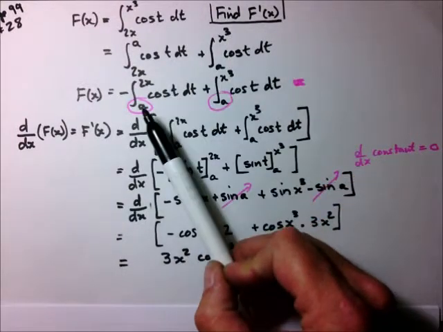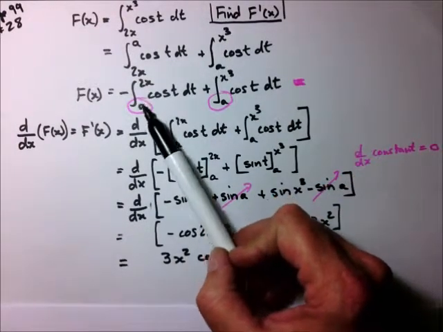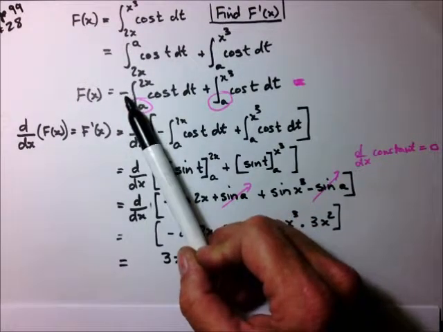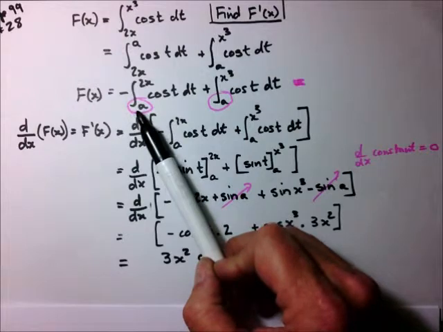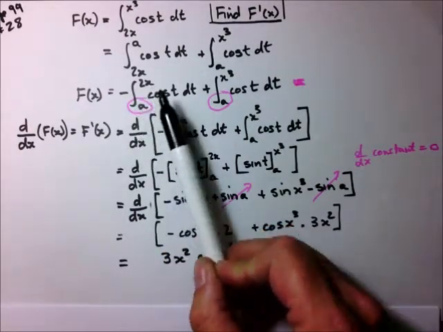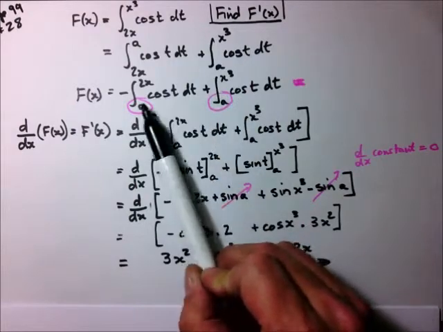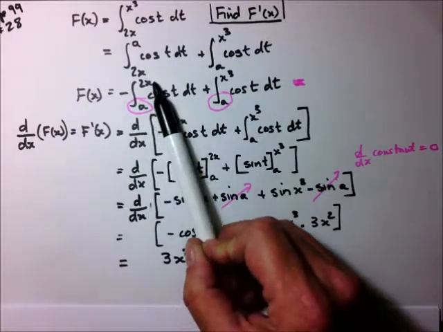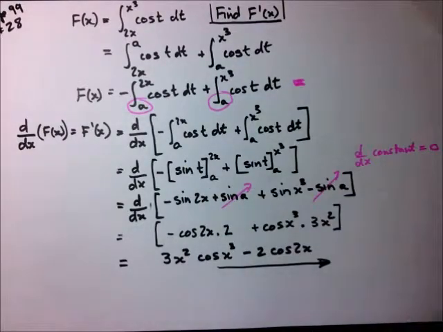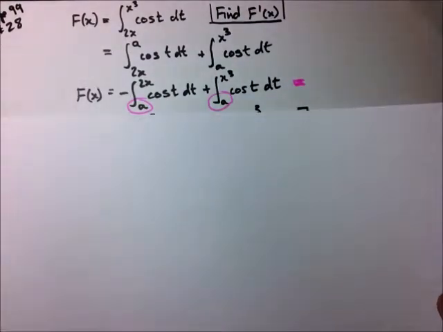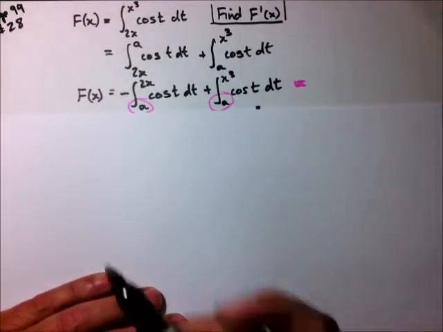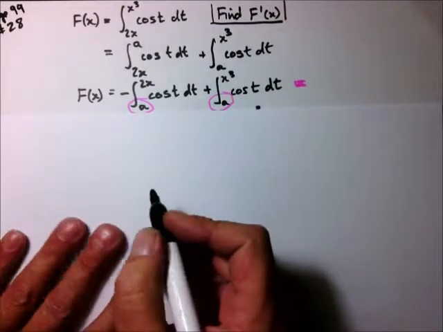And then we inverted the limits of the first integral by putting a minus sign in front, and now we had f of x equal to two integrals between a constant and a function of x. And then we proceeded with the long solution. But the fundamental theorem of calculus can help us out with this problem.